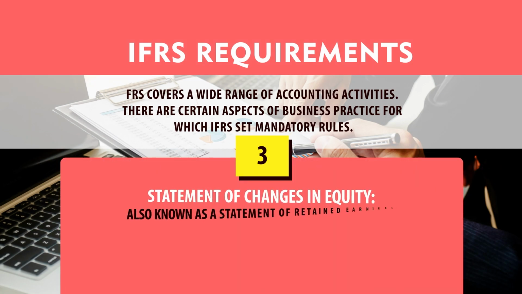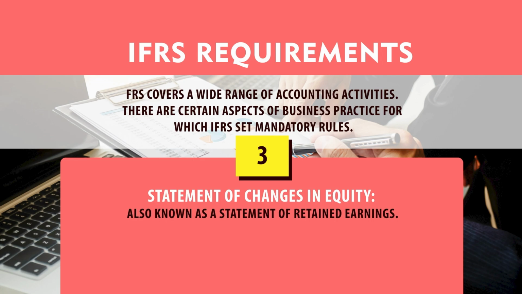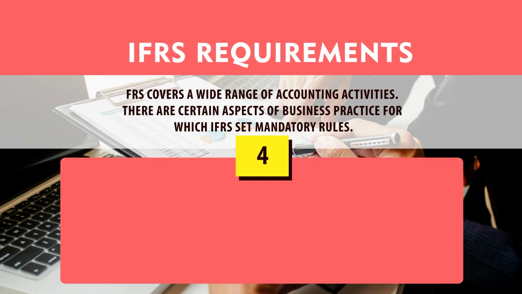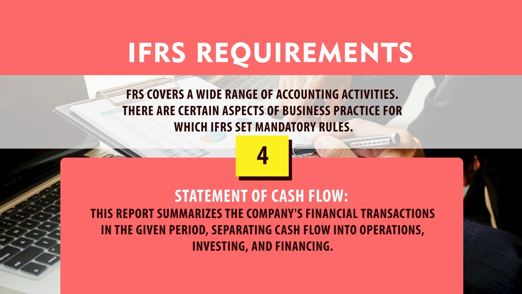Then the third one is the statement of changes in equity. It is also known as the statement of retained earnings. Then the next requirement is the statement of cash flow. This report summarizes the company's financial transactions in the given period, separating cash flows into operations, investing and financing activities.